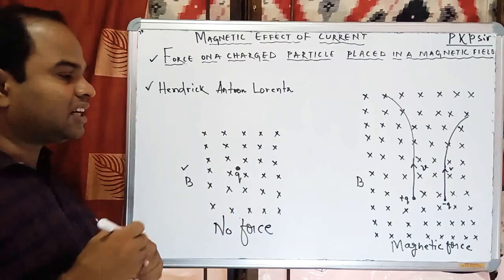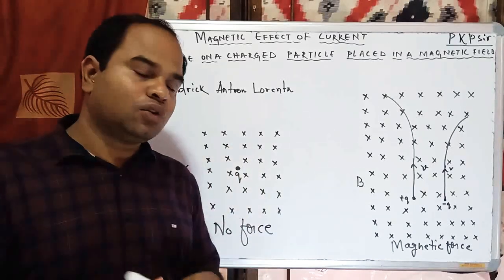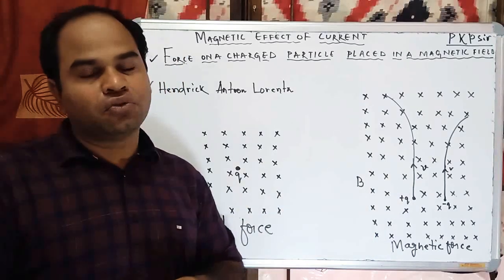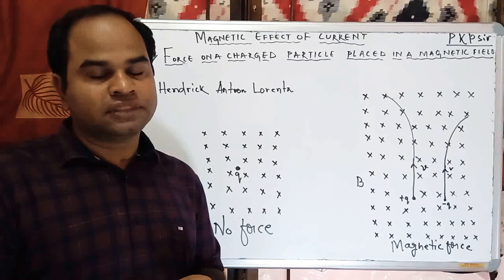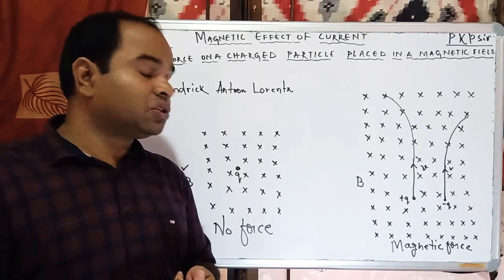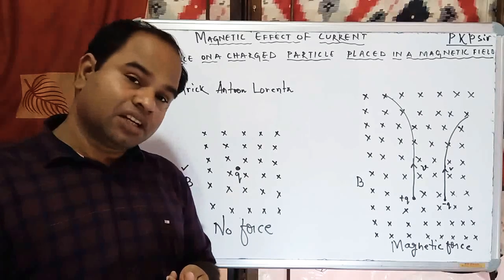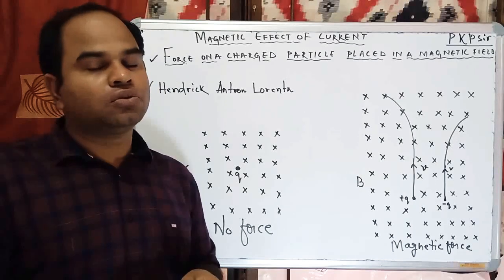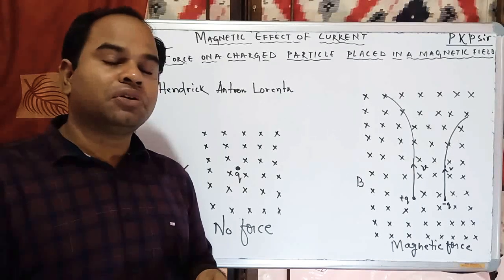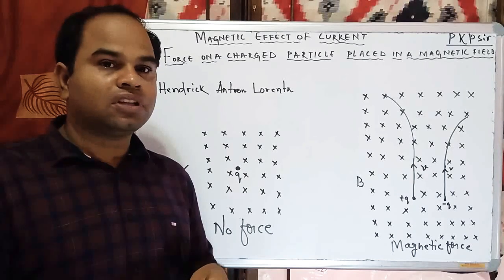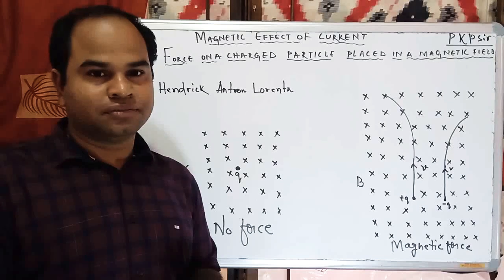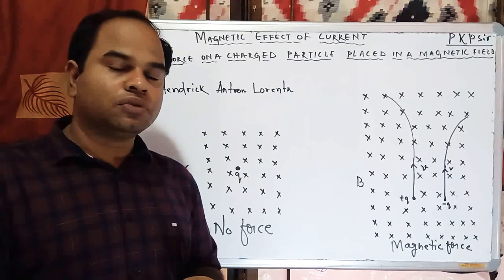But whenever a charged particle is allowed to move with velocity, it experiences a magnetic force. And third, the direction of magnetic force on the negative charged particle is opposite to the direction of magnetic force on the positive charge. Okay. Next we will move.